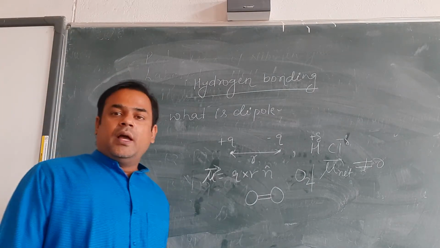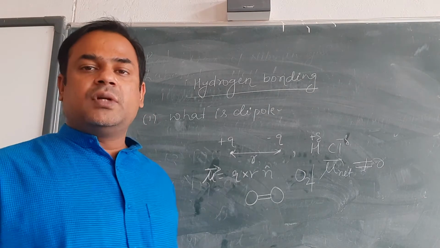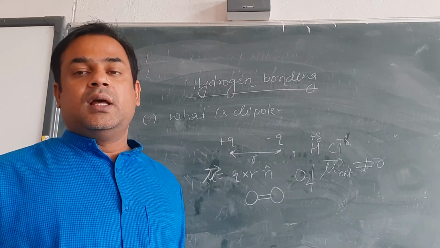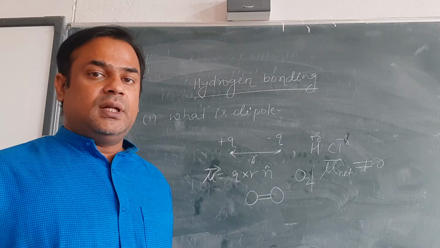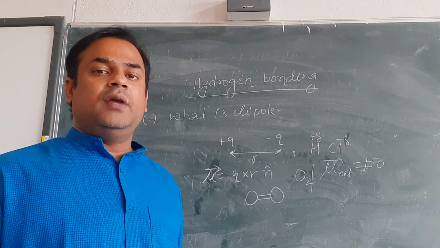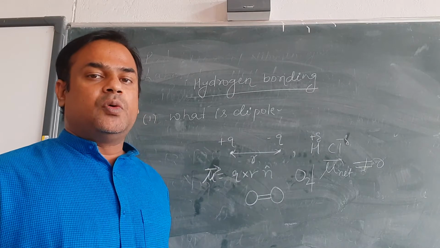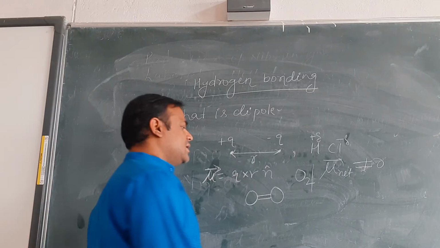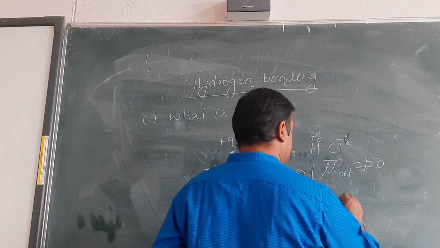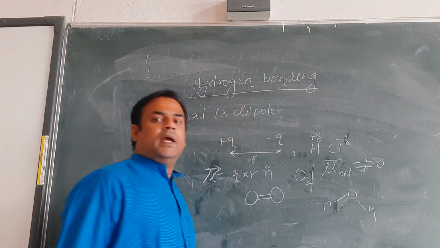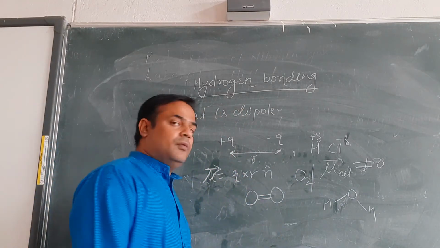Okay. It is not necessary that if electronegativity difference exists, then that molecule will be polar. It is possible that there is electronegativity difference, but even though the net dipole moment is 0 and the molecule is non-polar. If we take the example of H2O, the water molecule, it is polar for two reasons.